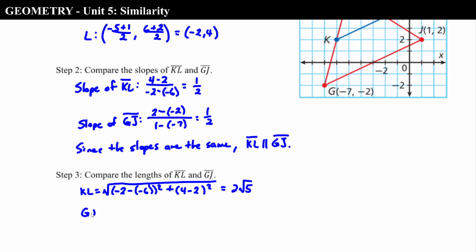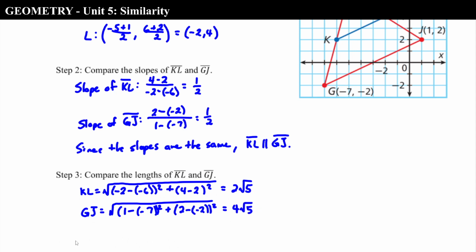GJ, this is going to be the square root of 1 minus negative 7 squared plus 2 minus negative 2 squared. And that ends up being 4 square root of 5.